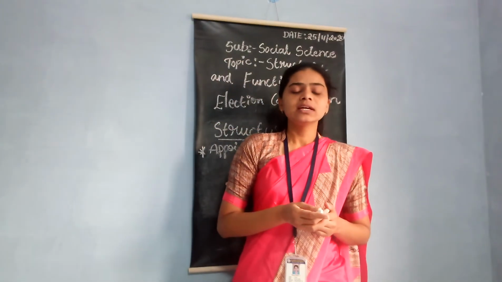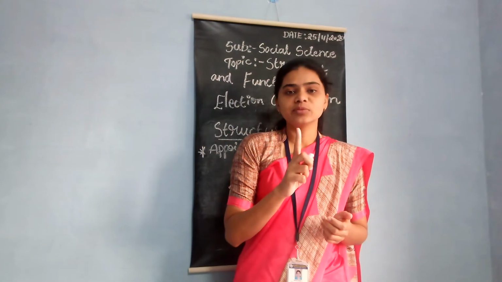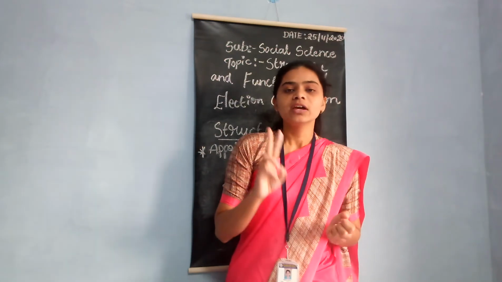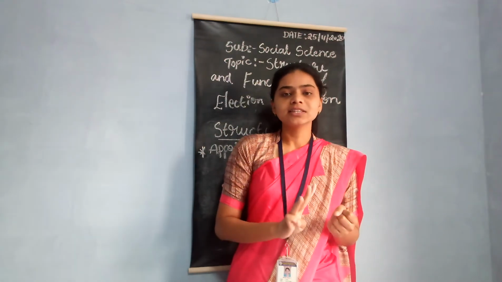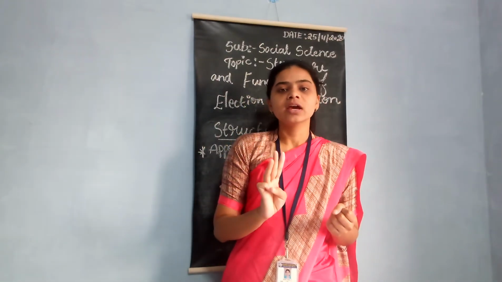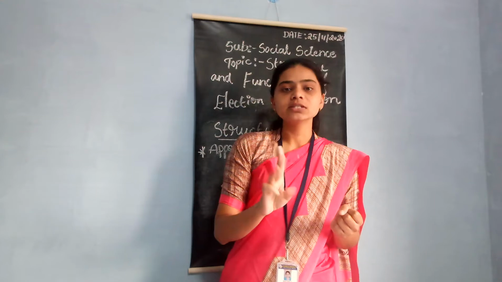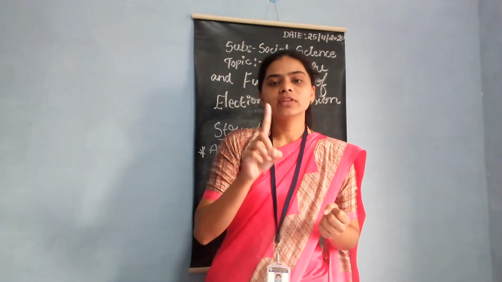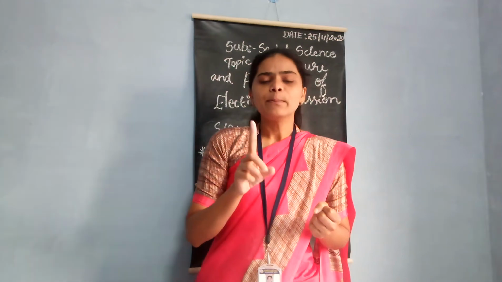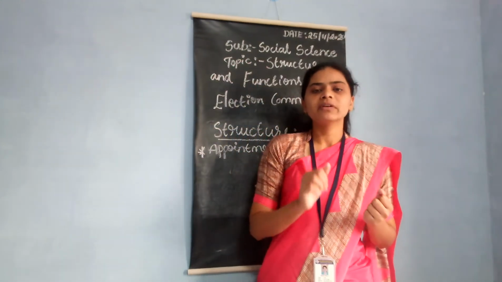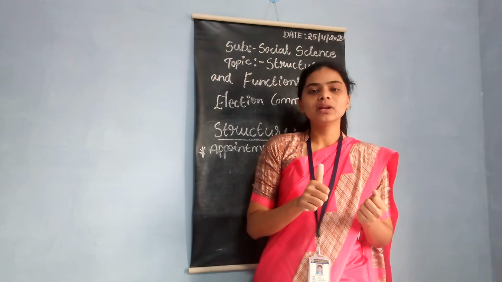In the beginning, there was only one election commissioner. After that, they created two other posts of election commissioners. At present, there are three election commissioners working in the election commission. Among the three, one person is called the chief election commissioner, or head of these election commissioners. But these three election commissioners exercise power with equal status and equal power.